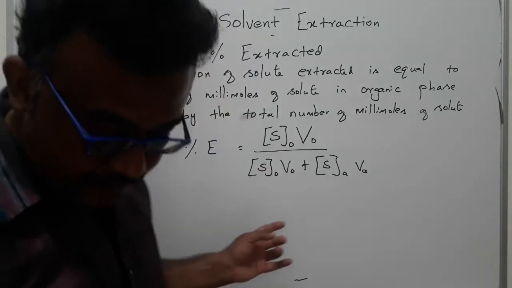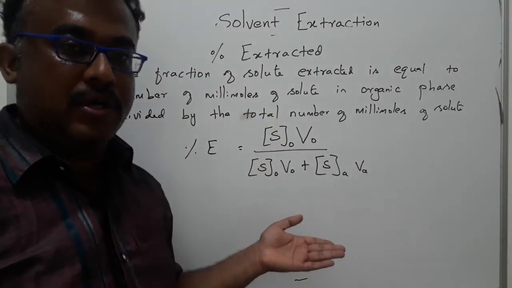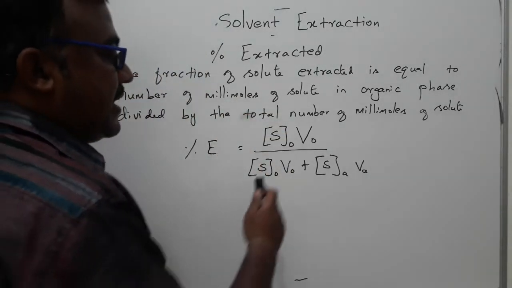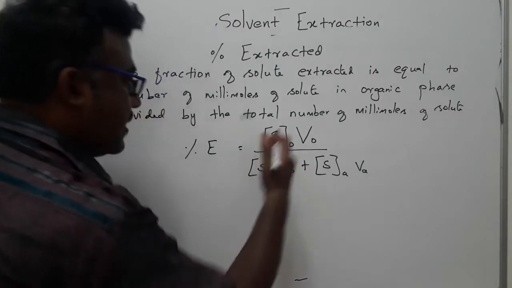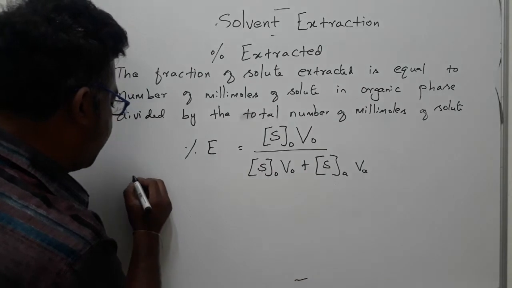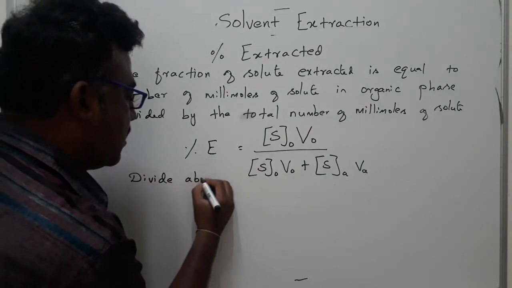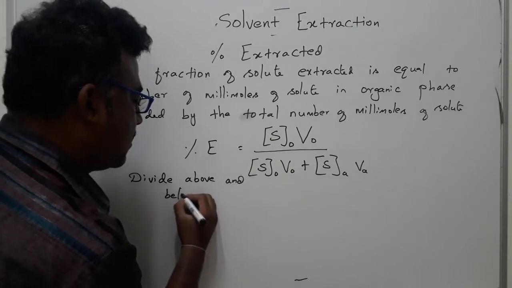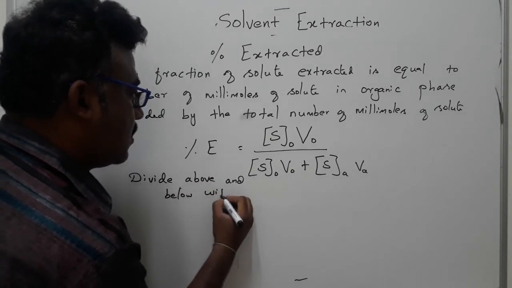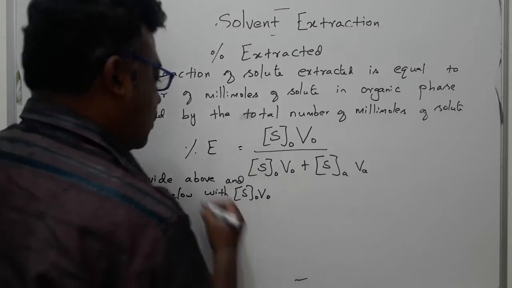Now it has to be related with the distribution coefficient. We can divide this expression above and below by the concentration S0 times V0. Then the numerator becomes 1, and since it is percentage extracted, you multiply by 100.